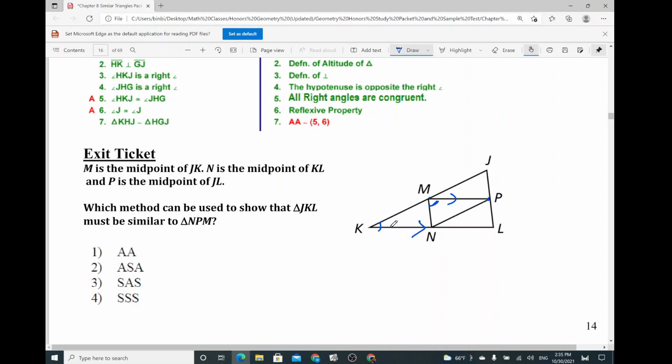So what about angle N, angle J? Those two angles have to be congruent as well. So this one we're using the angle theorem.